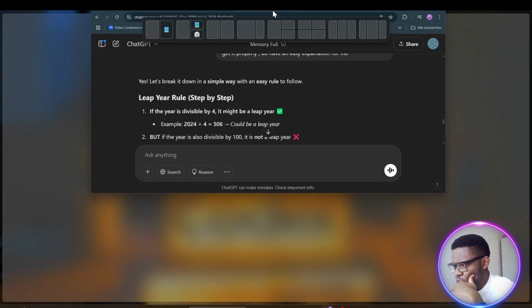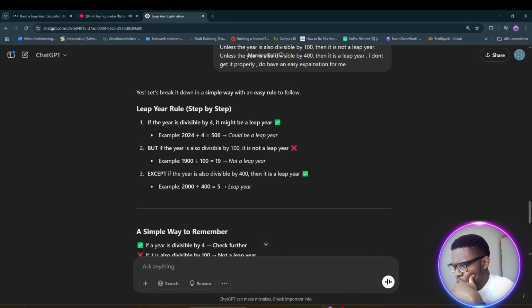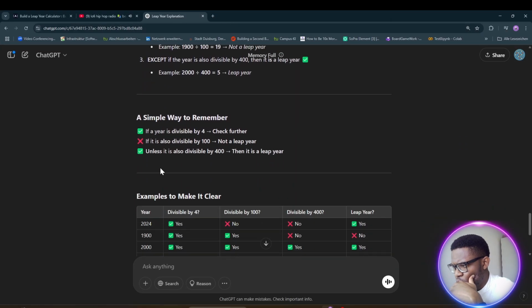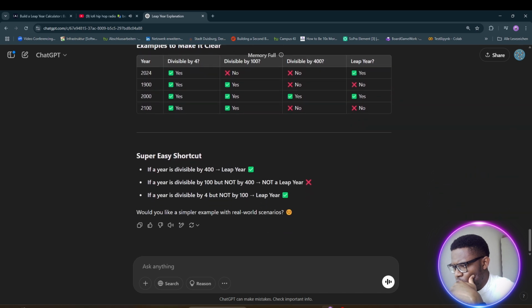I see. If a year is divisible by 100, if a year is divisible by 400, okay. I think that I have to use a condition.